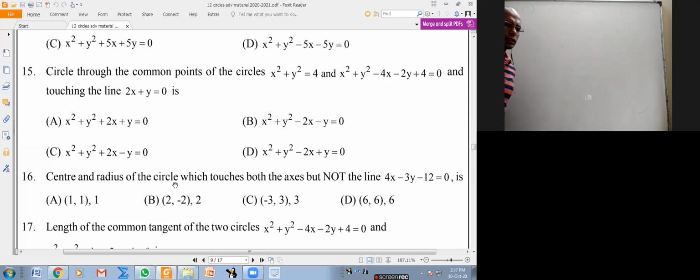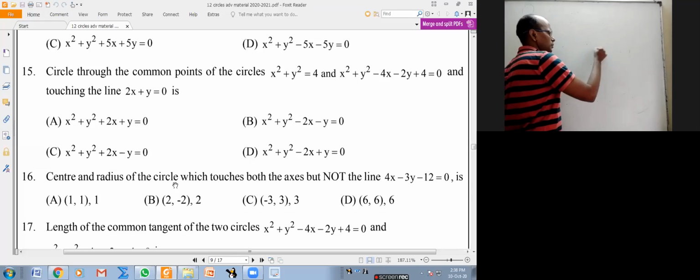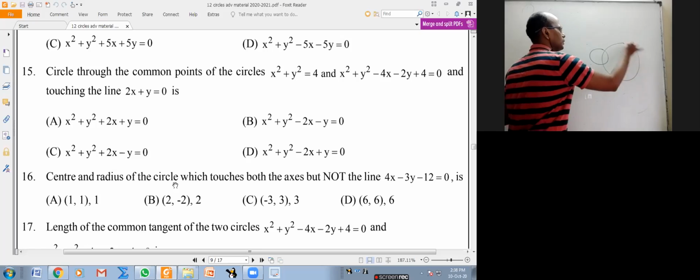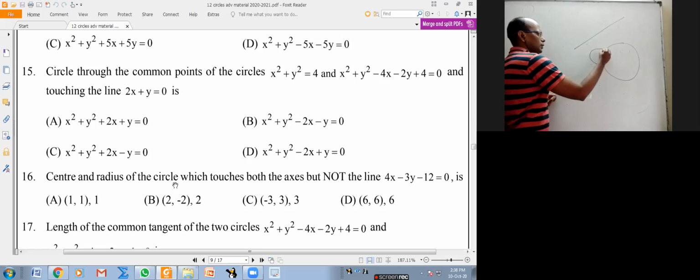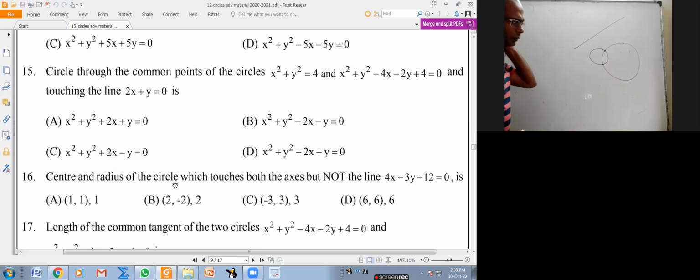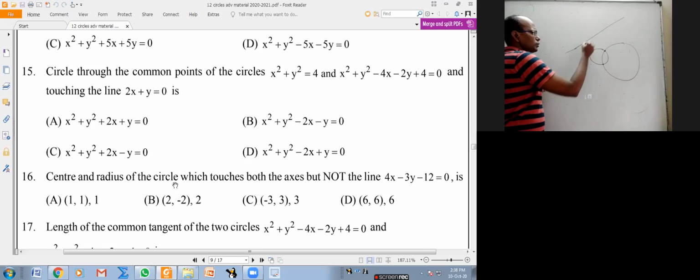What is this? A circle through the common points of two given circles and touching the line. So I'm sure there may be two intersecting circles and some given line. These are intersecting at two points. Passing through these two and touching the line, there will be two more circles.